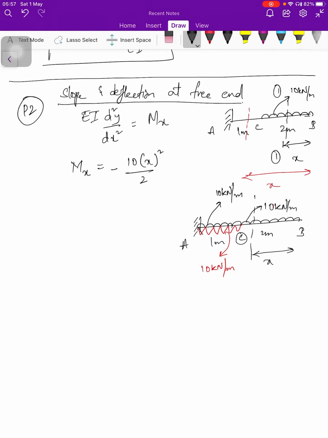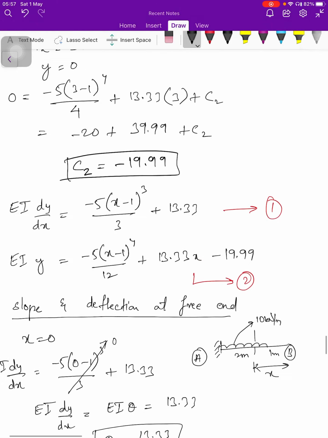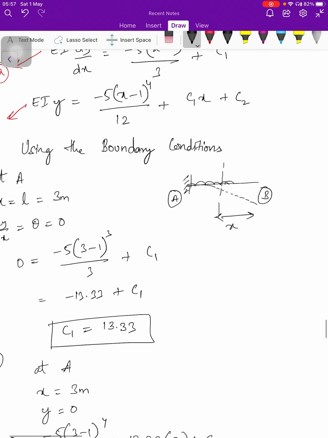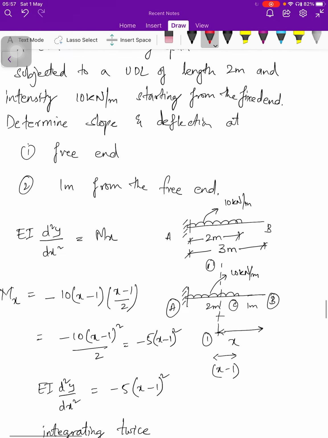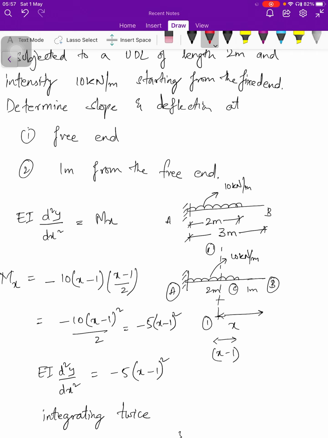Suppose in the previous case, if you see, the UDL was starting from the fixed end, and it has ended before the free end. Now if I consider a section 1 anywhere, the same equation is to be continued. This will remain x minus 1 always.